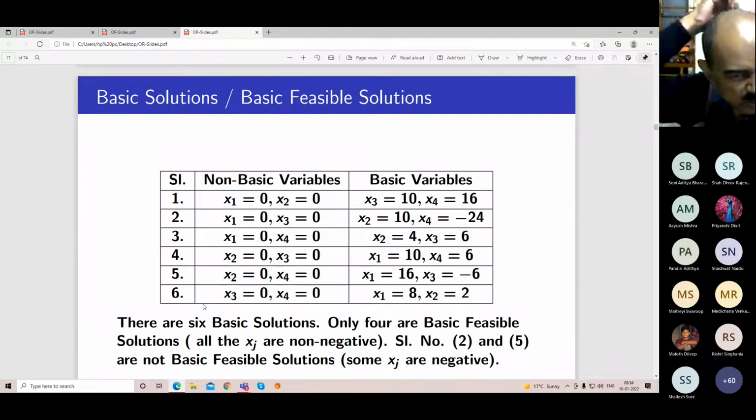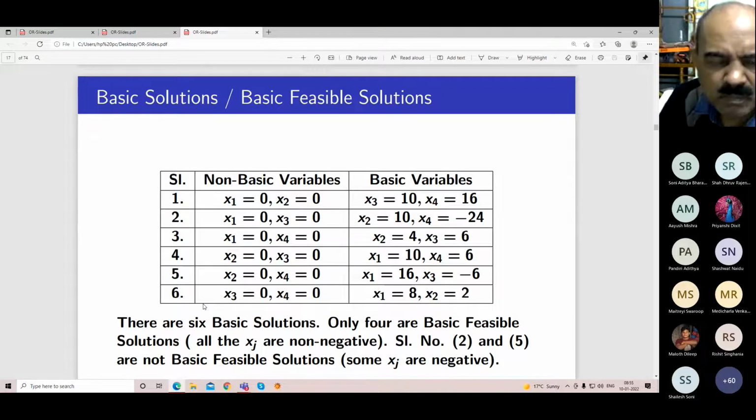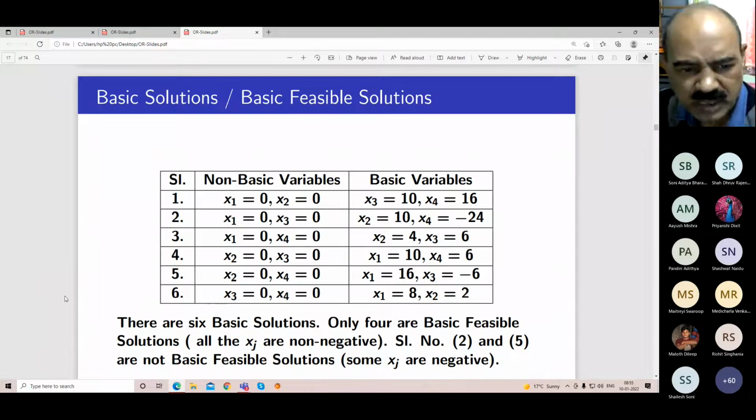Now the conclusion is like this. Out of the 6 solutions, 2 of them, serial number 2 and serial number 5, are not basic feasible solutions because one component is becoming negative. They are basic solutions, but only 4 out of 6 are basic feasible solutions.